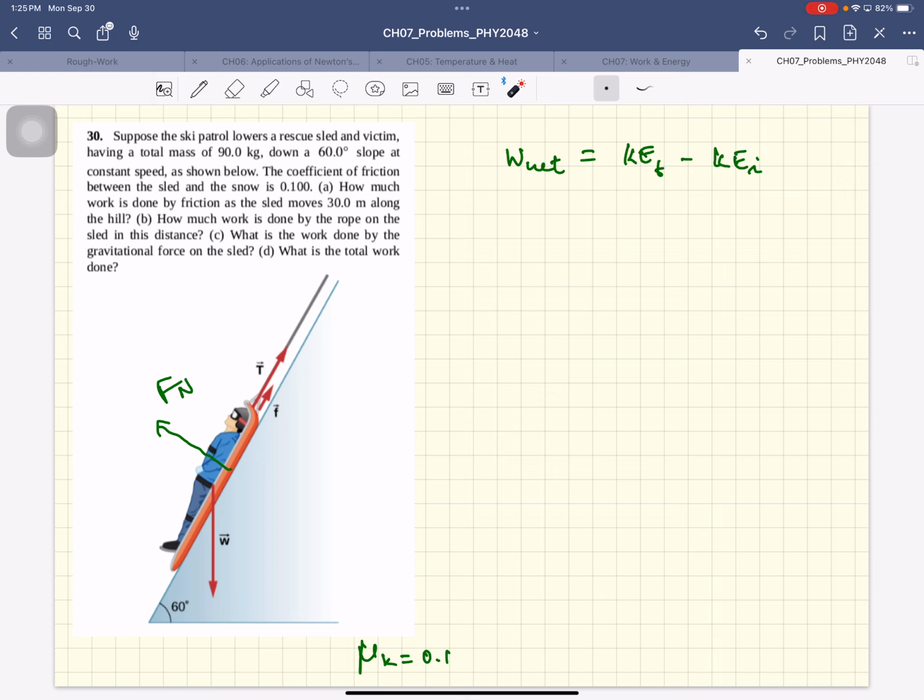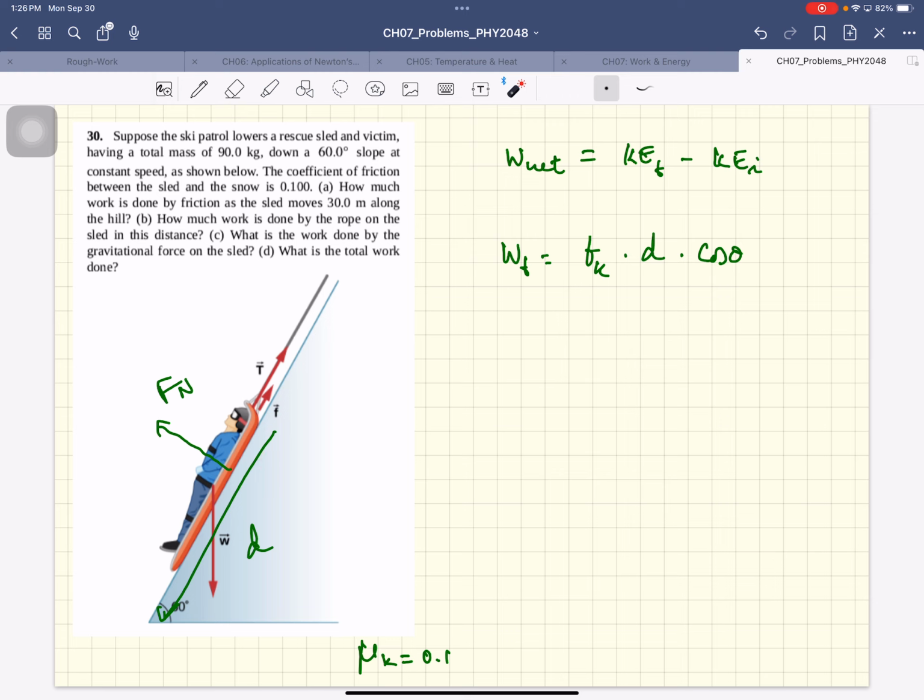Okay. So there's the friction force, and there's the displacement. Okay. So the work done by friction force is friction force times the displacement times cosine of the angle between the two forces. And the angle between the two forces is 180 degrees.